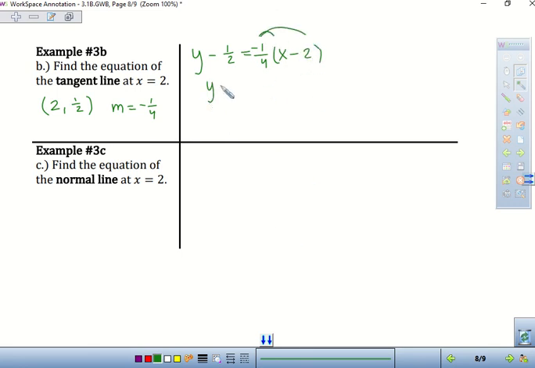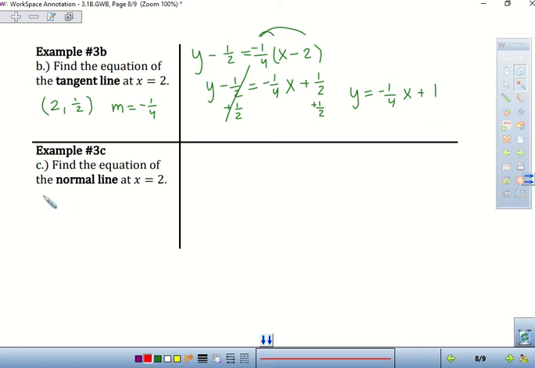Distribute. And this becomes plus 1/2. And then I add 1/2 to both sides. You get y equals negative 1/4 x plus 1 as my tangent line.